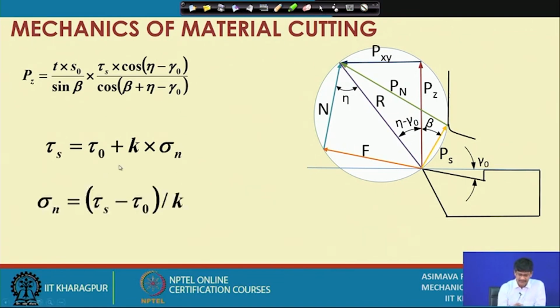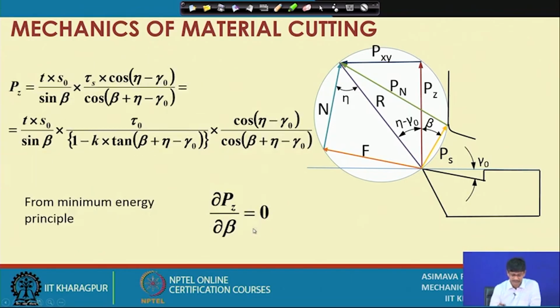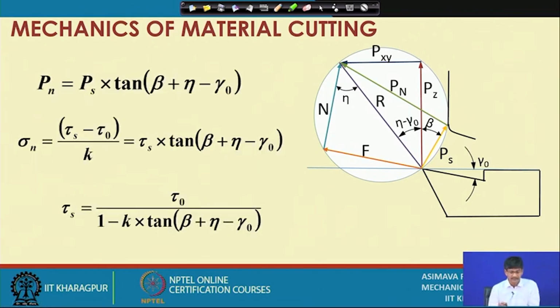Just shifting the terms and getting an expression of sigma n in terms of tau. We also have a relation between the force normal to the shear plane and the force tangential to the shear plane.